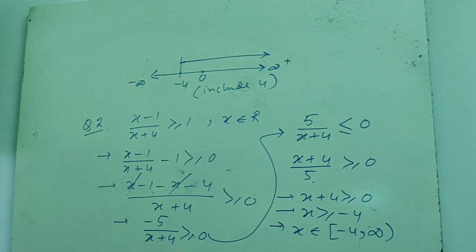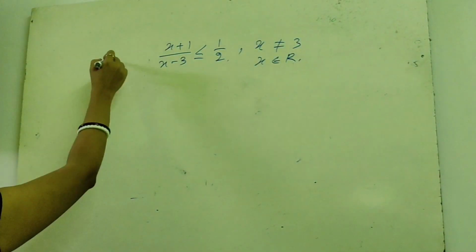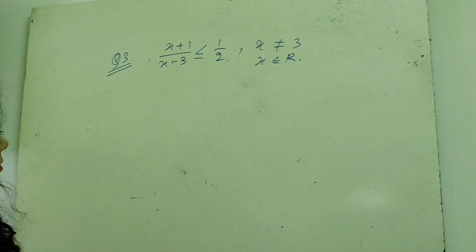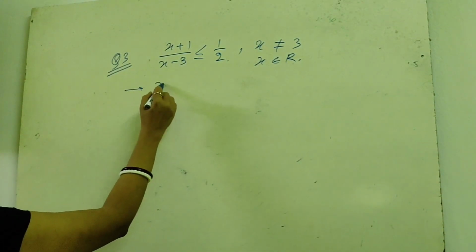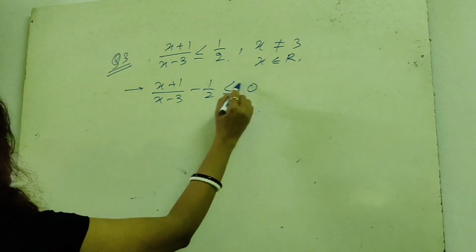So next, we are coming to the problems we usually get in the question papers. Whenever you get this kind of problem, the marks will be 4. This is question number 3. What I have to do first, step 1, is subtract half from both sides to make it 0.